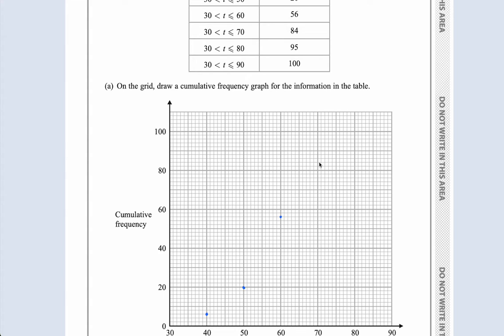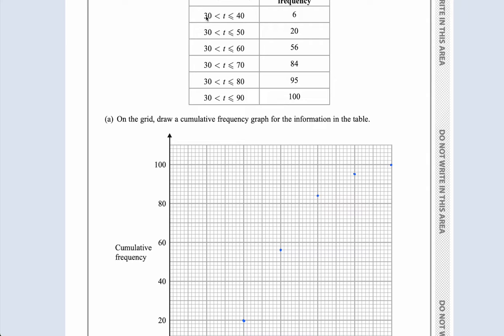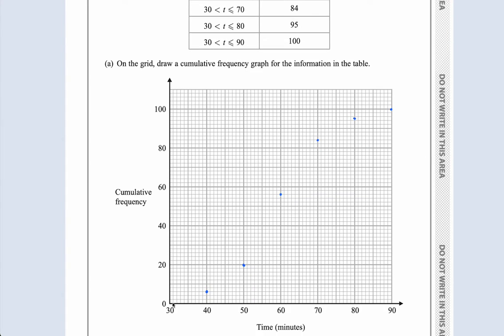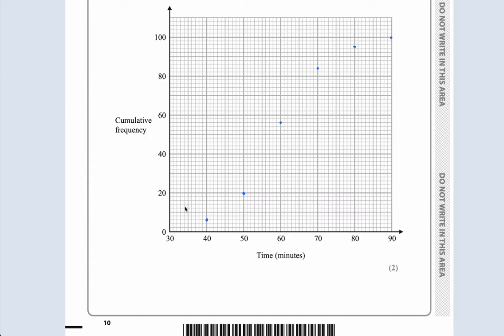70, 84 would be here. 80, 95. So this is 90, 94, 96, 95 would be there in the middle. And then finally 90 is 100. Now we have to start from 30, 0, because he starts at 30 here. So we're going to start at 30 and draw our graph along.